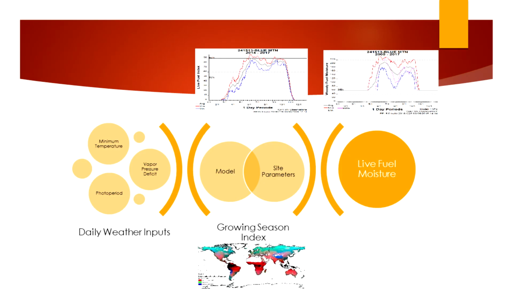The way we use this information to get live fuel moisture is we start out with our inputs: temperature, minimum temperature, vapor pressure deficit, photo period, and we model the GSI along with some site parameters, and then we translate that GSI into a live fuel moisture value just by applying a simple scaling.